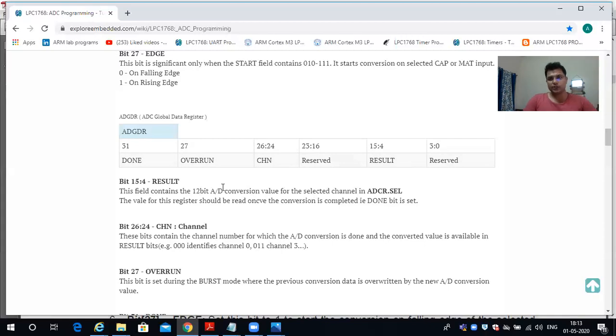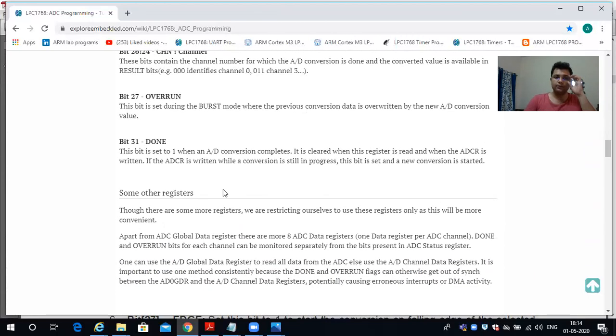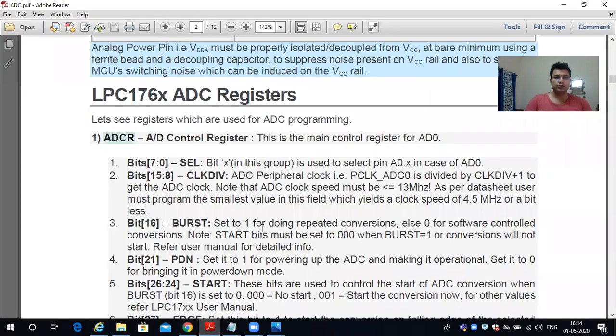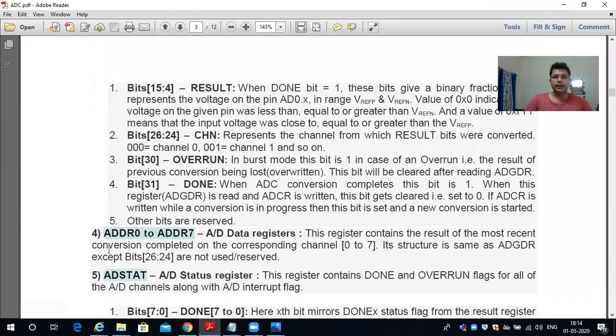Exactly, because 8 channels are there, corresponding to the 8 channels we have 8 data registers, and those data registers are ADDR0 to ADDR7. There is only one change, otherwise the global data register and ADDR register structure is more or less the same, because ADDR registers don't require the channel number, so that bit field is reserved.